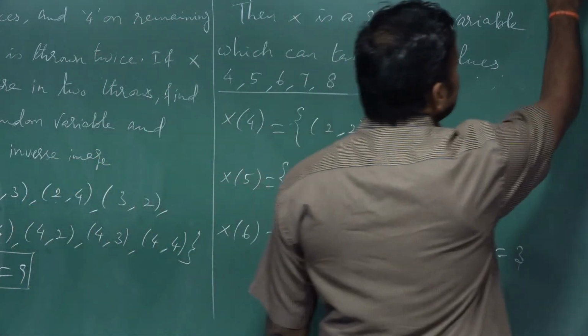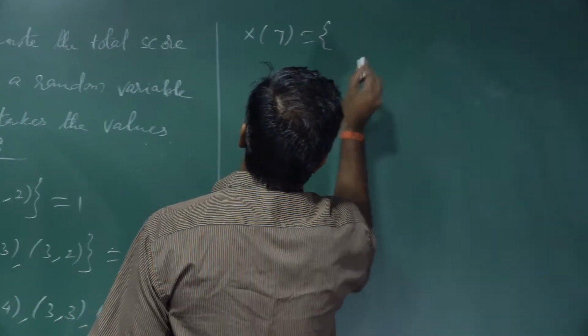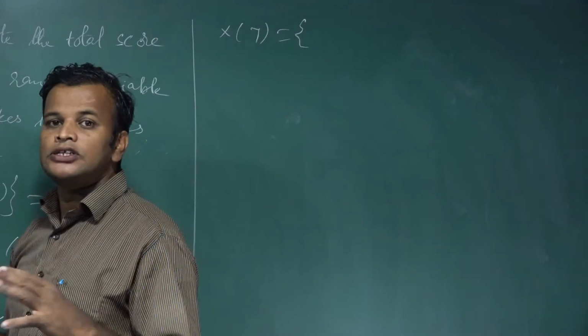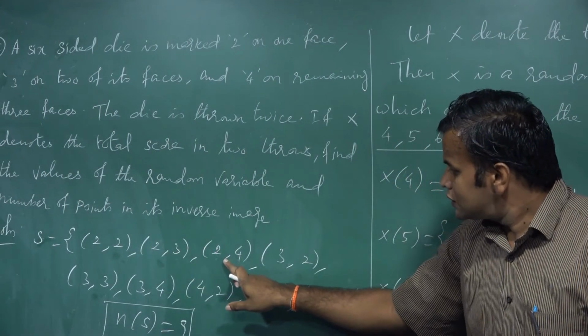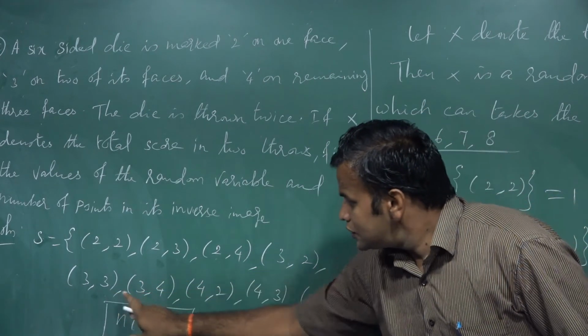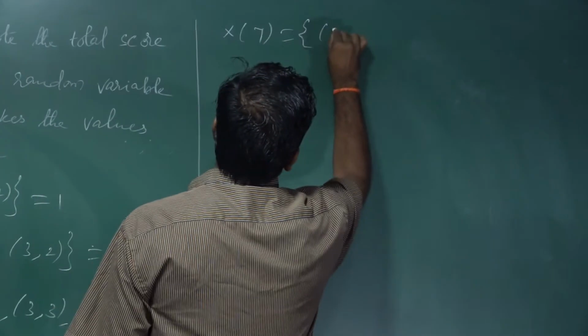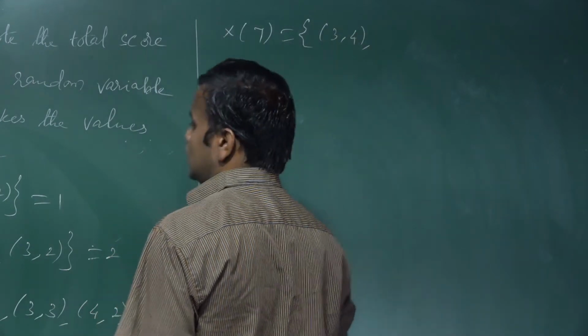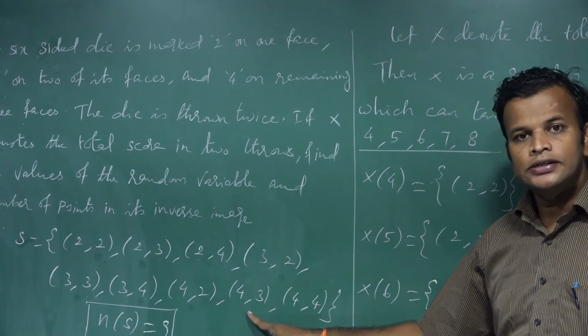Next 7. So X of 7. X of 7 means the total will be 7. 3, 4 is 7. Any other possible? We check. 4, 3 is again 7.